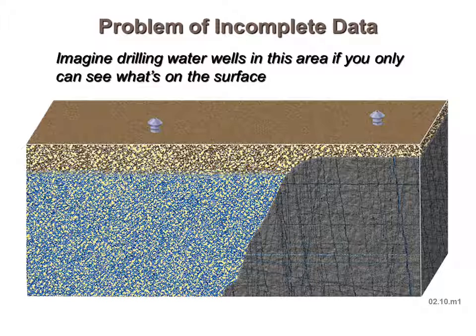We don't always have the data we need. If we just drilled the well on the right, and that was the only well in this whole area, we would drill down into the solid rock. We wouldn't be able to draw up any water, and we would say, oh, this place is useless. Nobody can live here. If we went to just the well on the left and only drilled that one, we would say, oh wow, this water is limitless and everyone can live here.